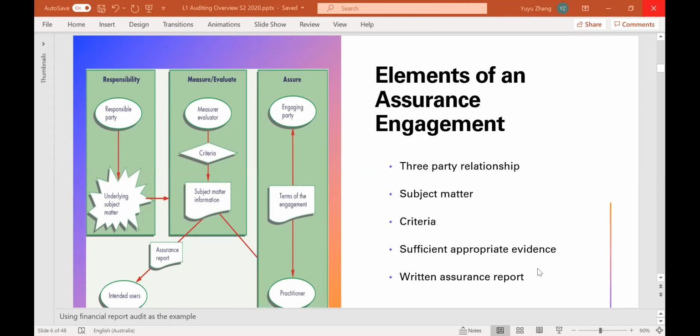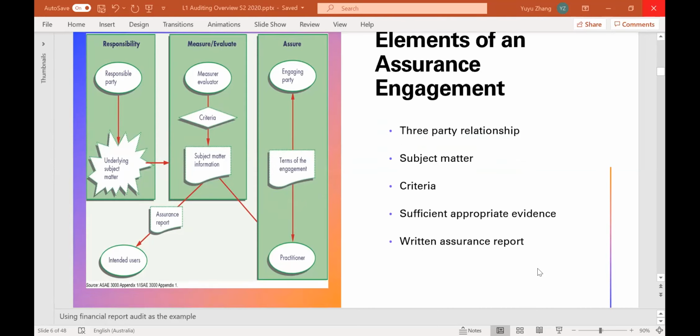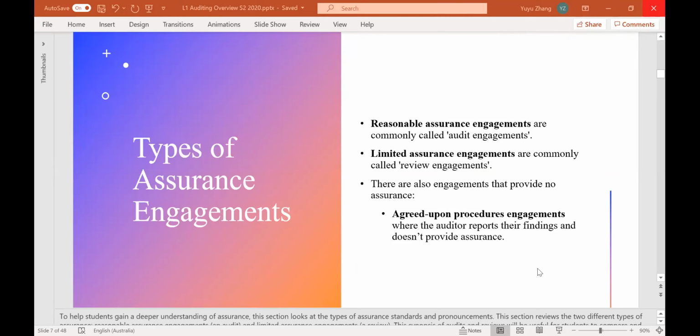Or for any assurance engagement, you must be able to identify all the 5 elements. Okay? Any question? All right.